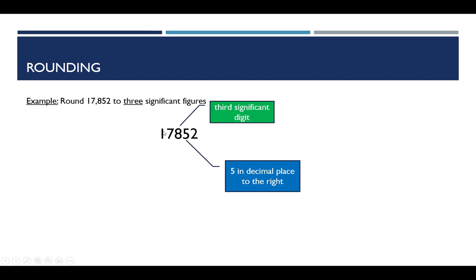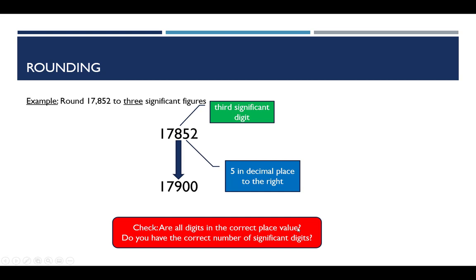So this would give us 179, but we can't change any decimal places. So I need to fill in zeros right there. So the 1 is in the 10,000s place. It is still in the 10,000s place. We have no problems. All the digits are still in the correct place value. Do I have the correct number of significant digits?